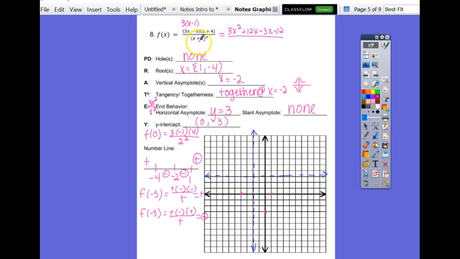And on bottom, if I multiply this, I get x squared plus 4x plus 4. So I'm going to get 3x squared plus 9x minus 12.